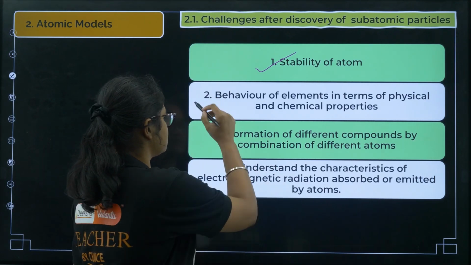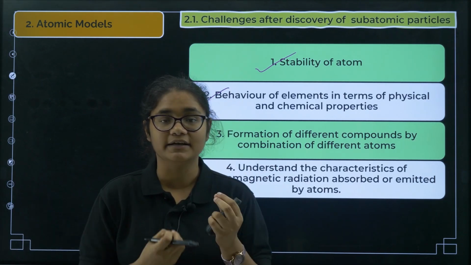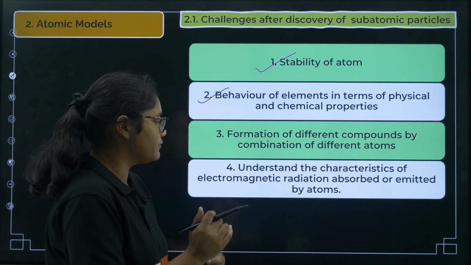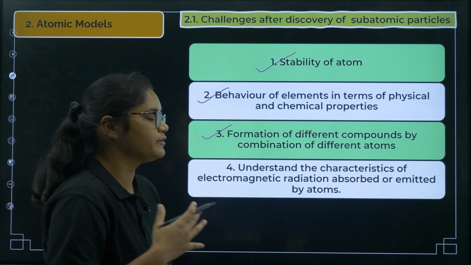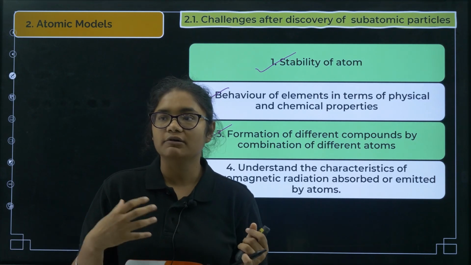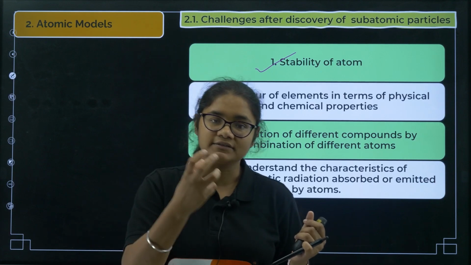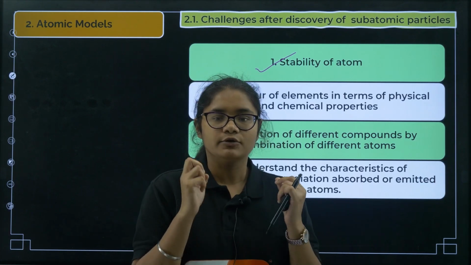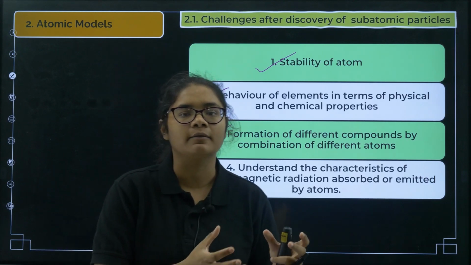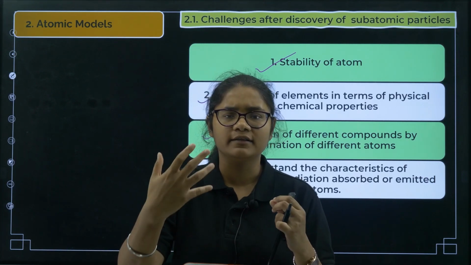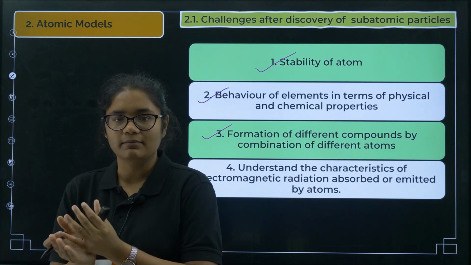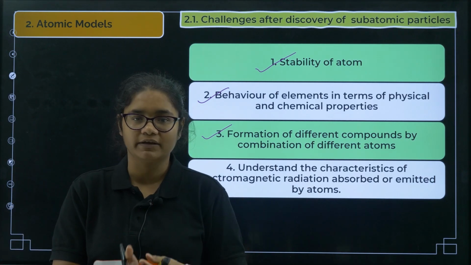The second question is about the behavior of the elements in terms of their physical and chemical properties. The third and very important one is the formation of different compounds by the combination of different elements. You can find that certain elements bind only with certain elements, like oxygen binding with chlorine, fluorine, carbon, or nitrogen, whereas some elements bind only with specific elements.